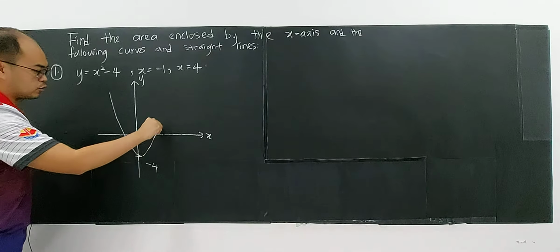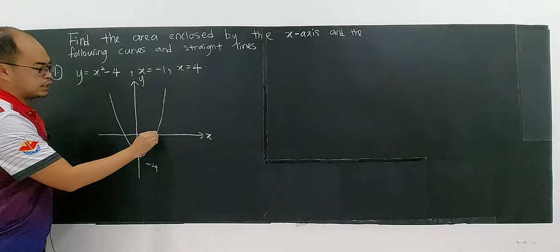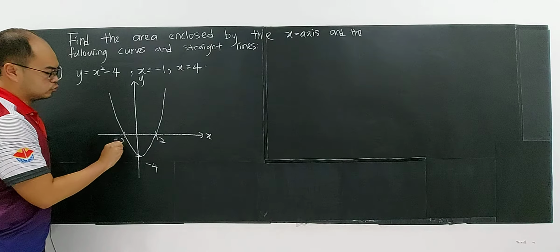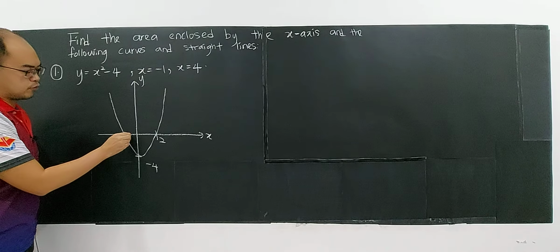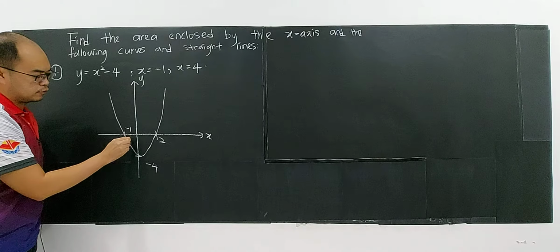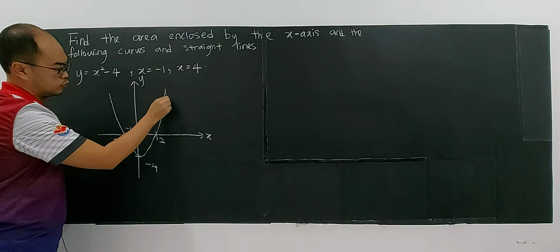It's a quadratic curve, concave upwards, intercepting at 2 and negative 2, as you're very familiar with this graph. It's from negative 1 up to 4.